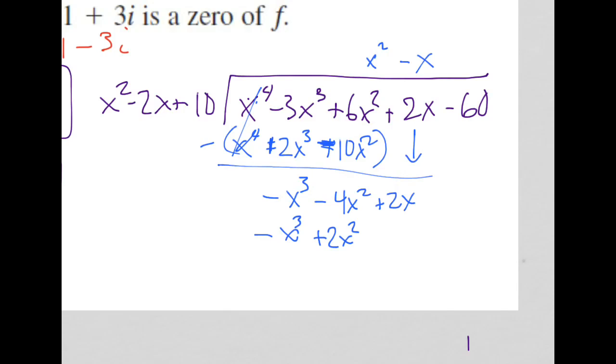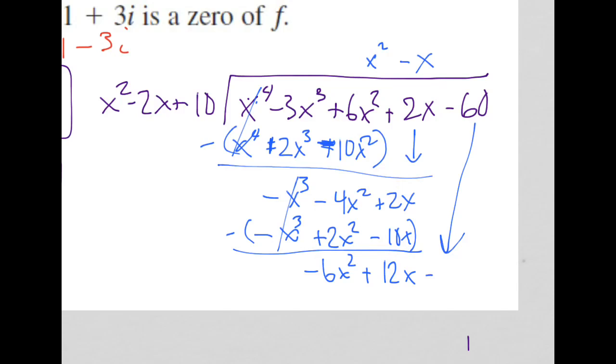And negative x times 10 is a negative 10x. Again, we're going to subtract that whole thing. Those terms are going to eliminate. I'm going to get negative 4x squared minus 2x squared is negative 6x squared. I'm going to get 2x minus negative 10x is a positive 12x.